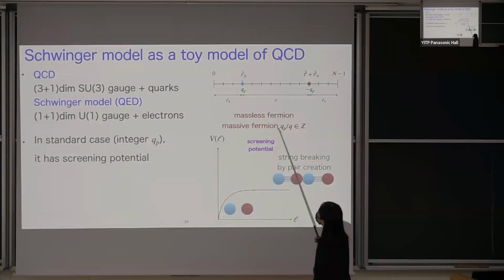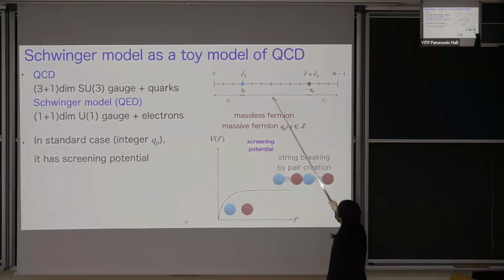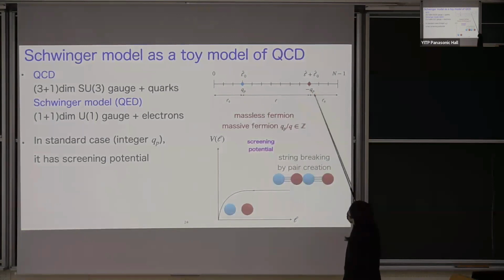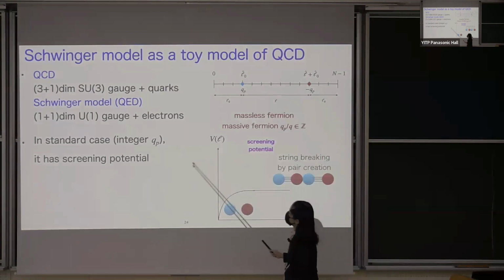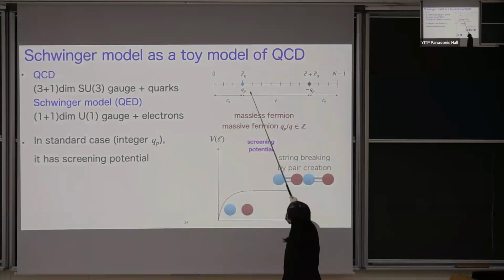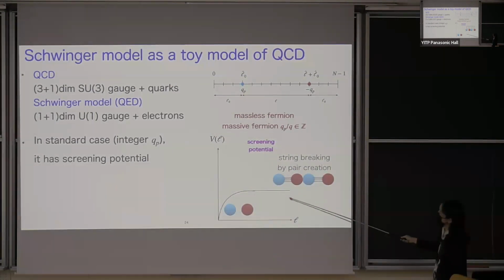And here we would like to consider the potential between two probe charges, Q_P and minus Q_P, and the distance is L. In the standard case, where the charge is an integer, meaning the unit is the electric charge e, this model has a screening potential like here.